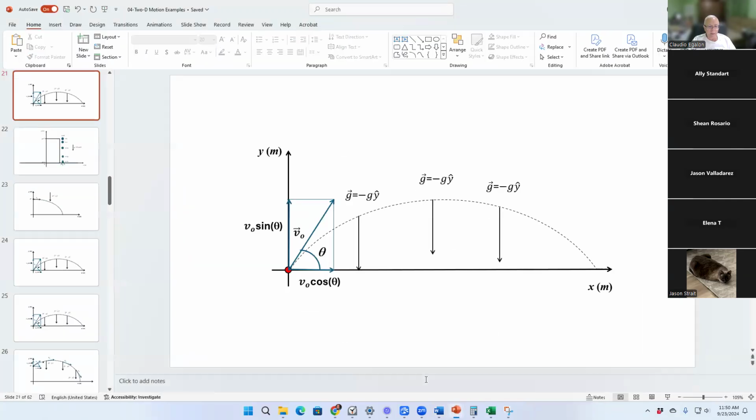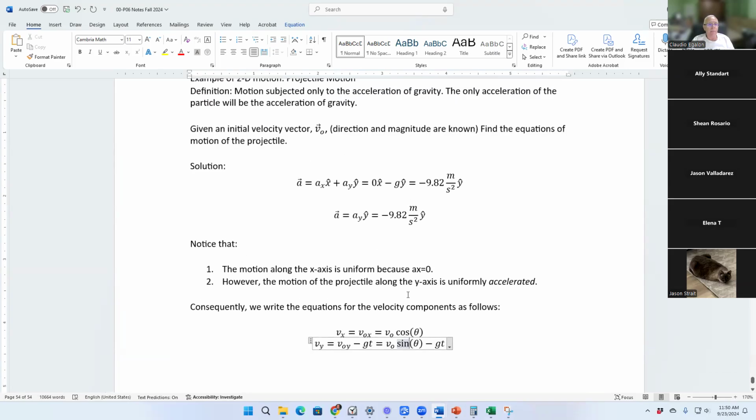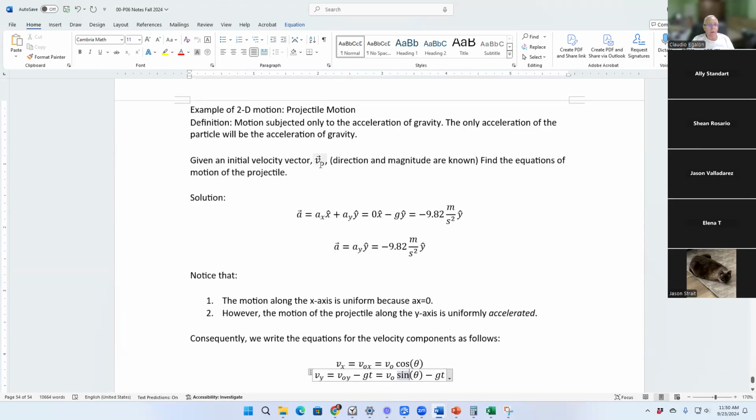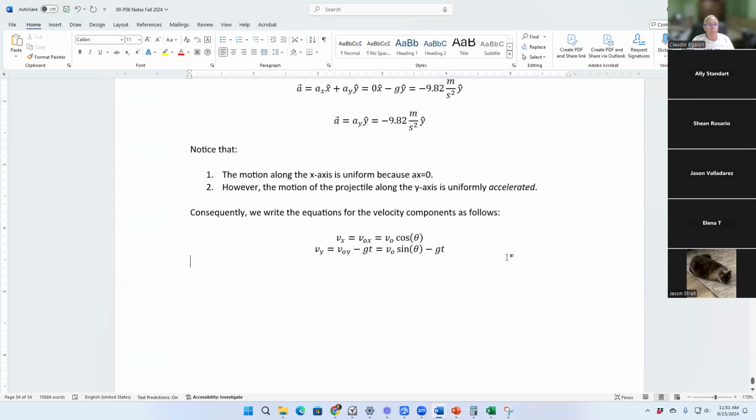Going back to the drawing, you'll see v naught cosine of theta. And v naught y is going to be v naught sine of theta. I was giving both the direction and the magnitude of the initial velocity vector.